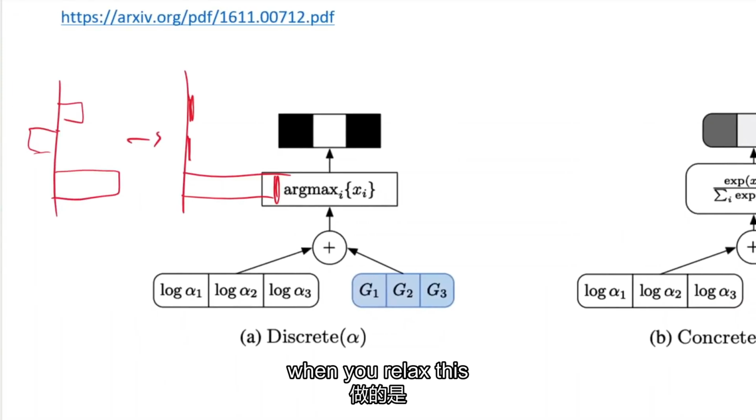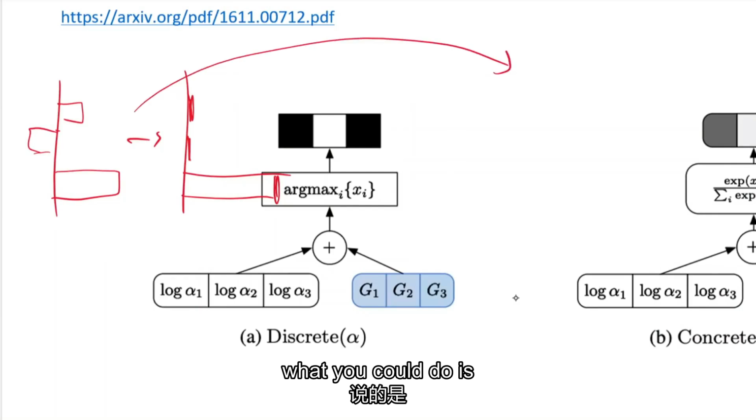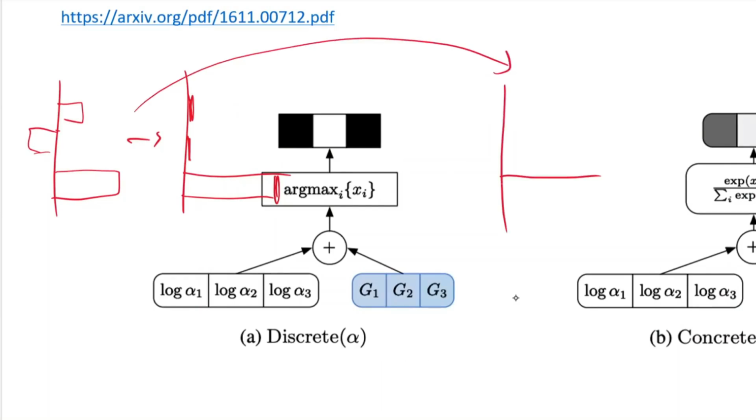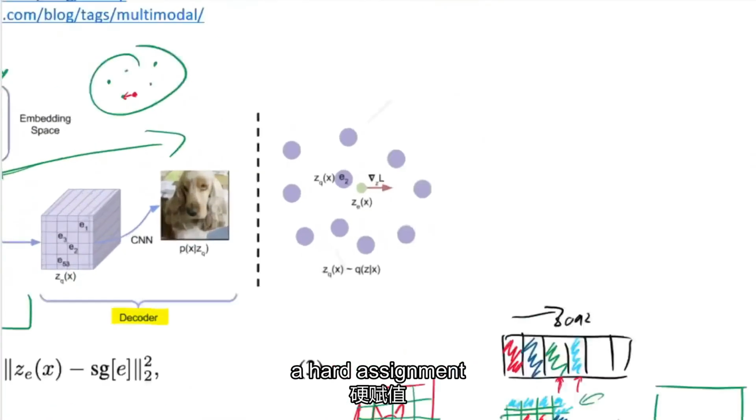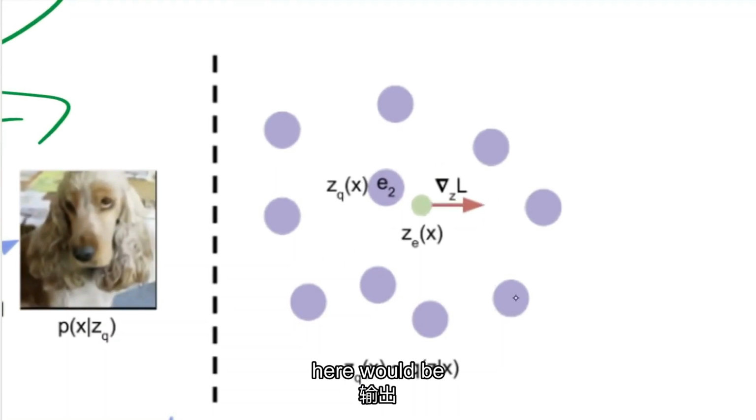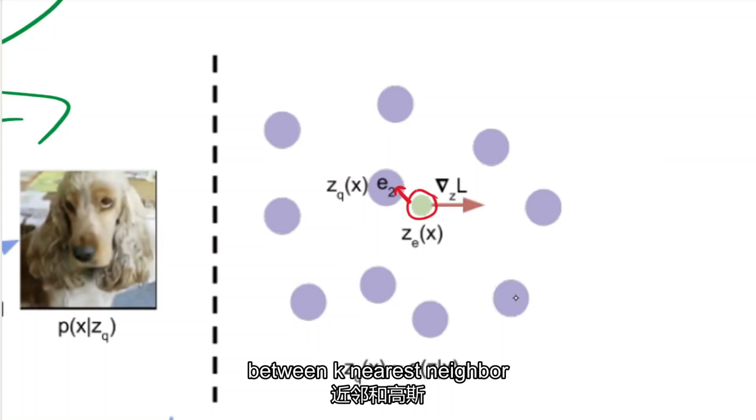Now, what you want to do when you relax this is say, instead of that, you could take that codebook vector a lot, but also take a little bit of the others. So more than doing a hard assignment to a codebook vector: here would be the output of your encoder, and you hard assign it to the nearest neighbor, you want to soft assign it to all of them. It's like the difference between k-nearest neighbor and a Gaussian mixture model, as I understand.